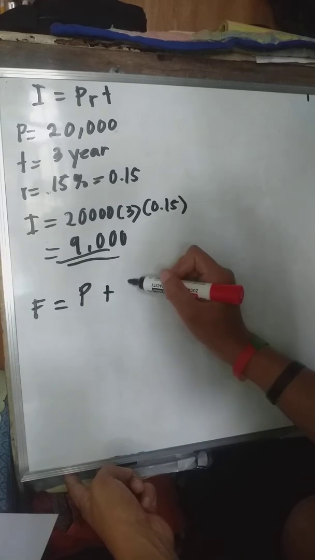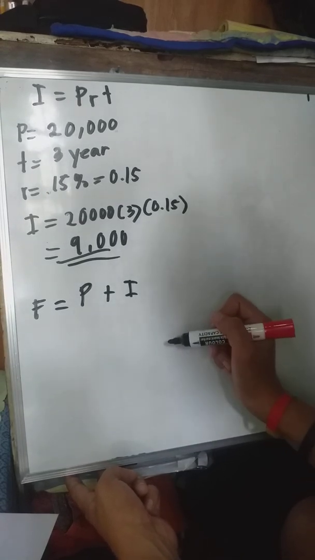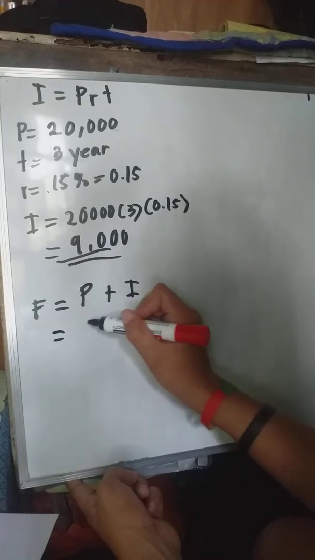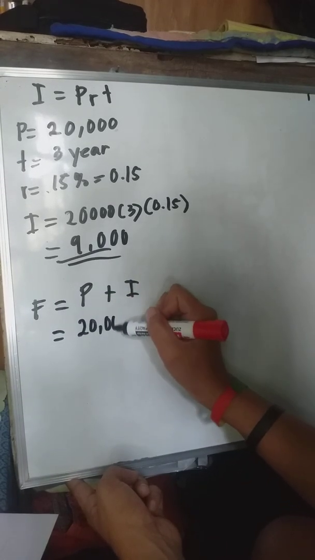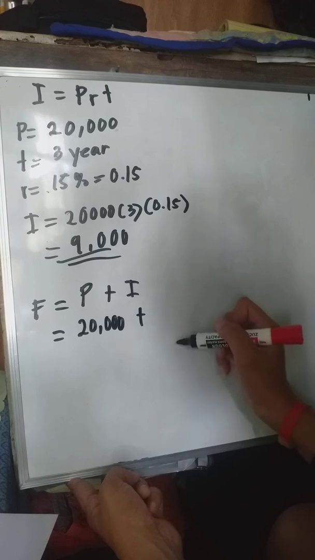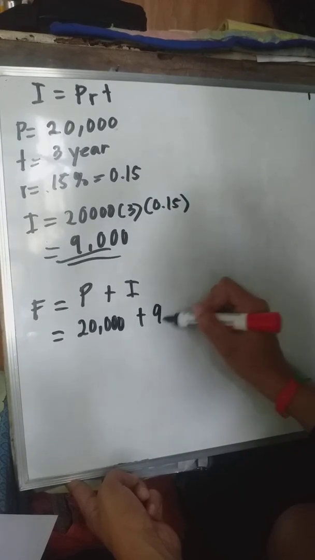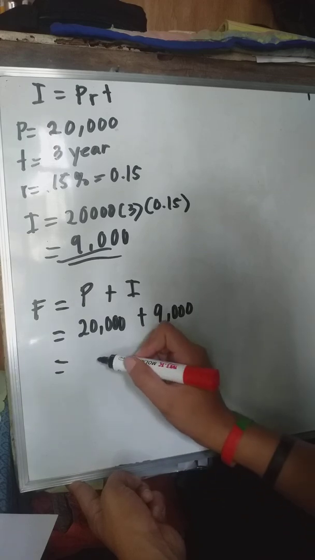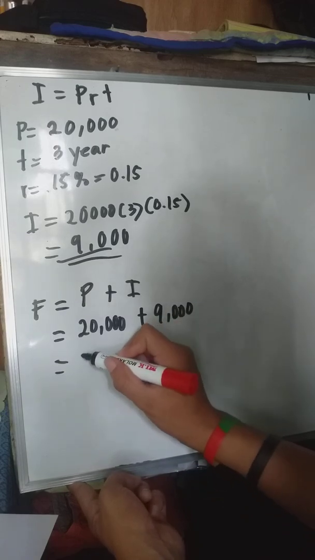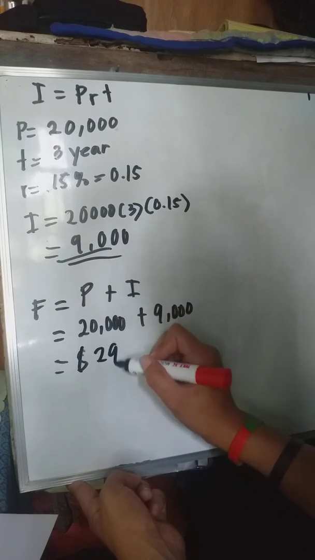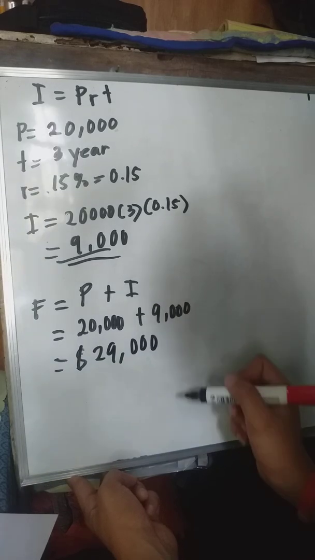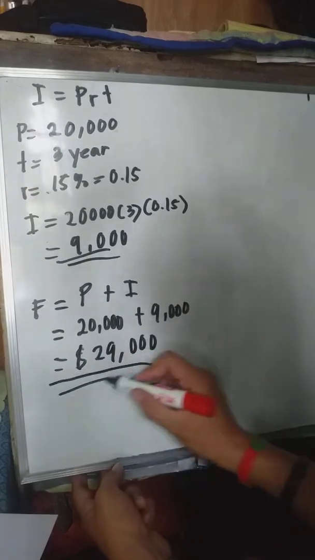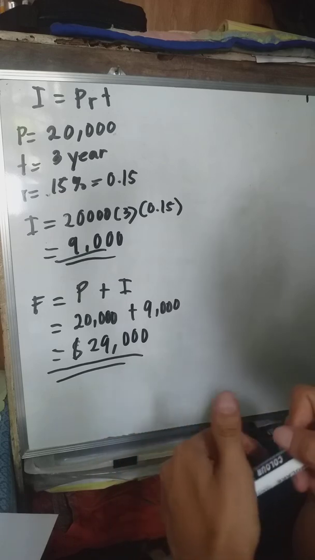Plus the interest. So, ayan na yung babayaran niya after 3 years. So, ayan yung inutang niya, $20,000 plus the interest, $9,000. Now, the total amount na babayaran ni Raymond is $29,000. So, ito na po yung sagot sa problem number 2.